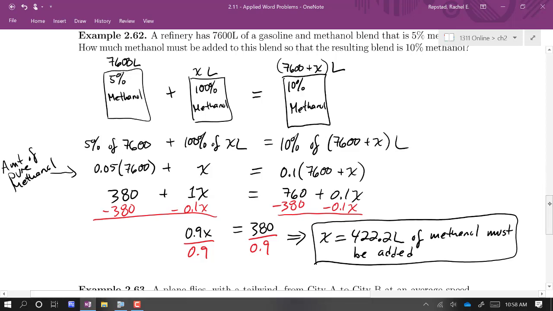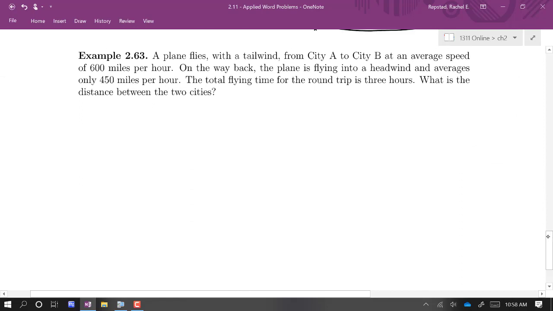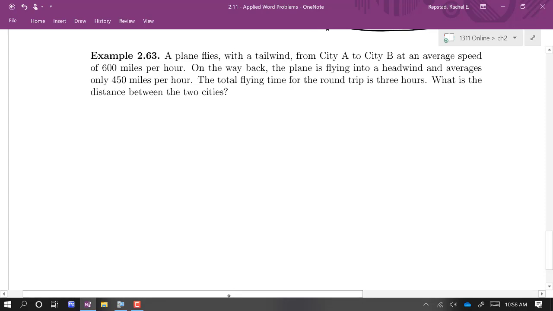Okay, we're going to do one more here, and this is a problem that relates distances with rates, speeds and time, and this is another kind of, I guess I would call it a bread and butter type of application problem that we see in mathematics, and the relationship between distances and rates and times is that distance is equal to rate times time.